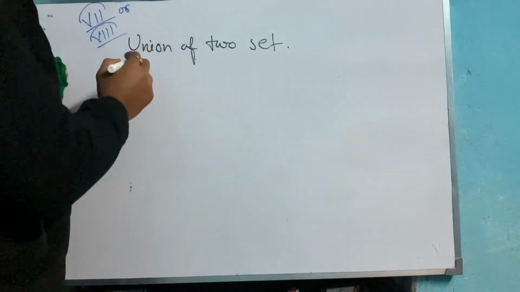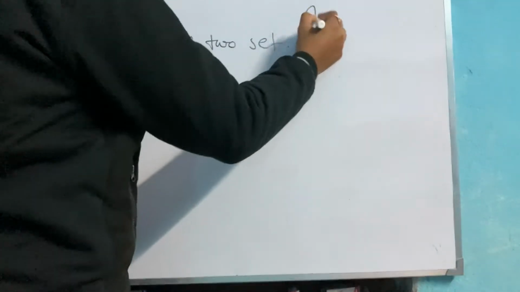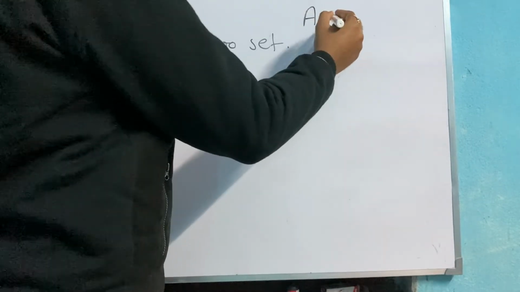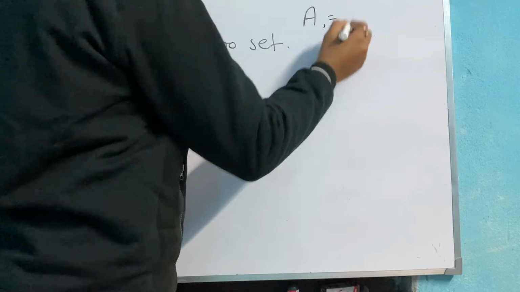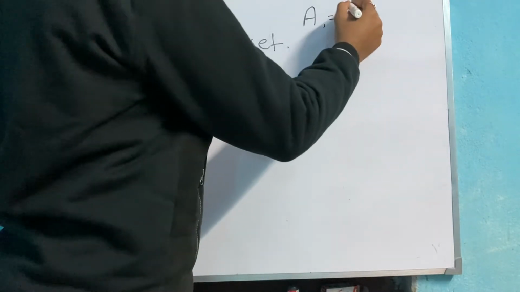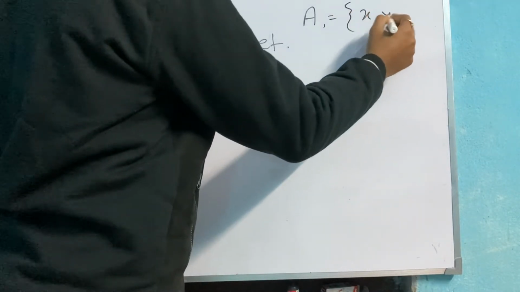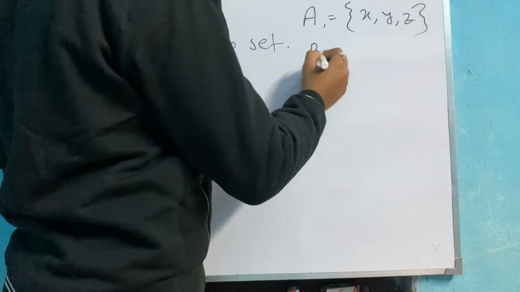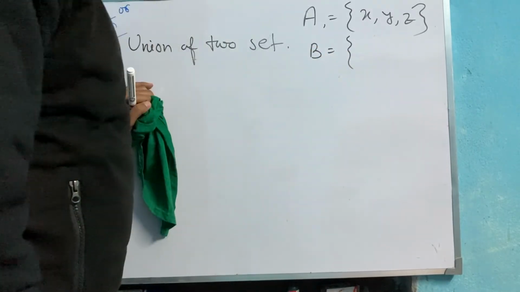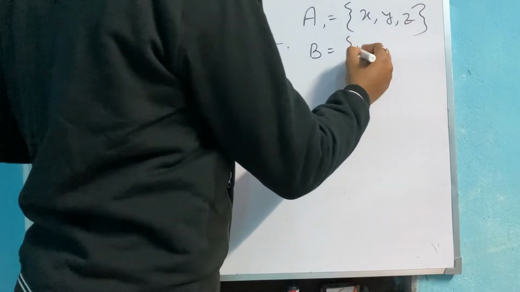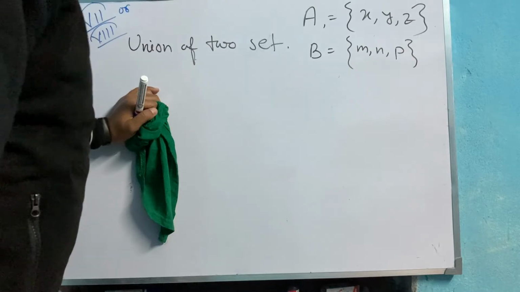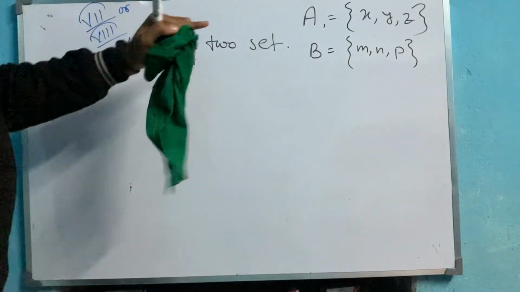If two sets are A and B, then for A there must be some elements present, like X, Y, Z. Those may be the elements of set A, and for set B there must be some elements, let's say M, N, P, etc. Now, what will be the union of these two sets?